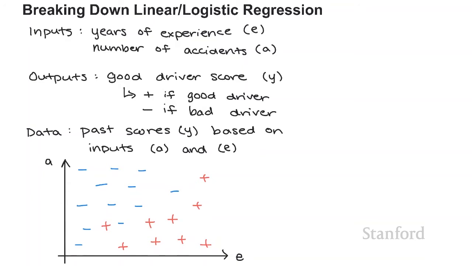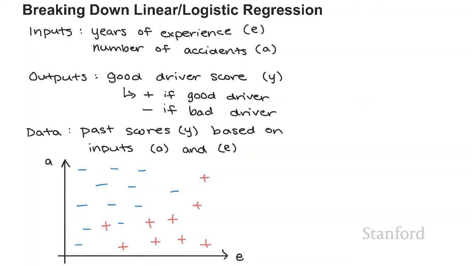So, for example, this person who had driven 10 years with only one accident was a good driver, which is why they received a positive score, and it's red, whereas this person who had only driven 1 year but had 10 accidents must have been a terrible driver, and so he got a negative score as well, and that's why it's marked as blue.